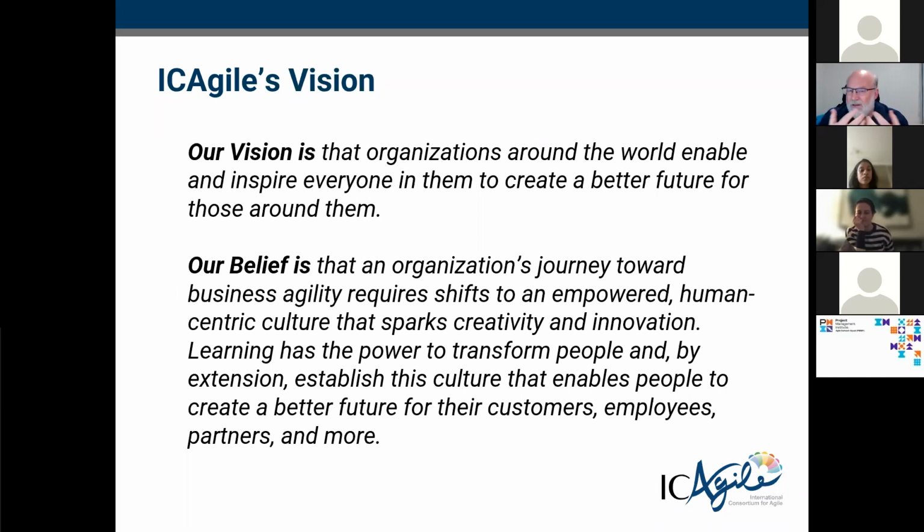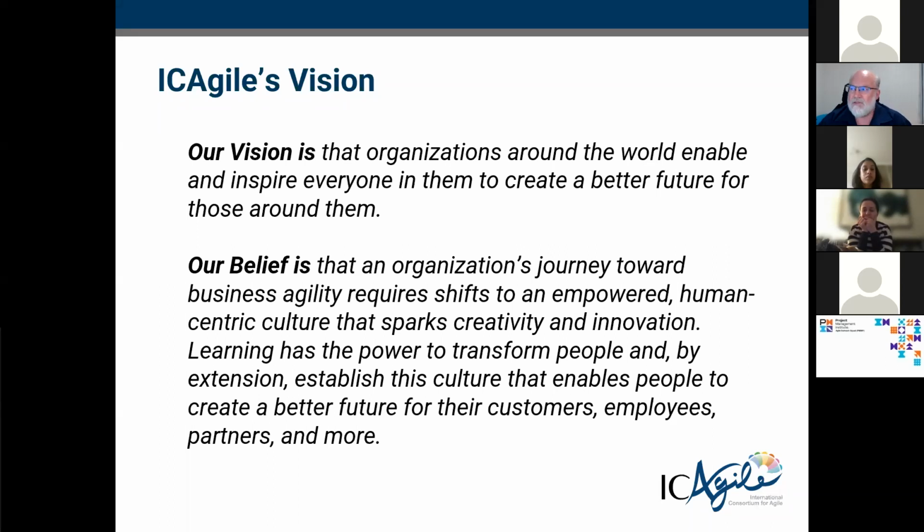And just to wrap things up with who we are, or our true north. I said that we release all of these things as Creative Commons very deliberately because it's part of achieving our vision. Our vision is that organizations around the world enable and inspire everyone in them to create a better future for those around them. Our belief is that an organization's journey towards business agility requires shift to an empowered, human-centric culture that sparks creativity and innovation.